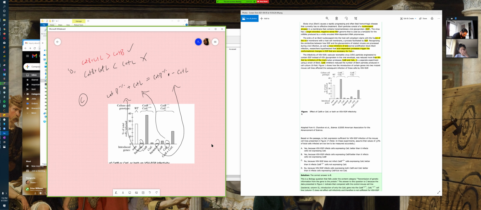The overall thing that you should get from the entire figure is that cat B plus cat L, if it's natural, is greater than wild type, which is greater than cat B plus cat L added.